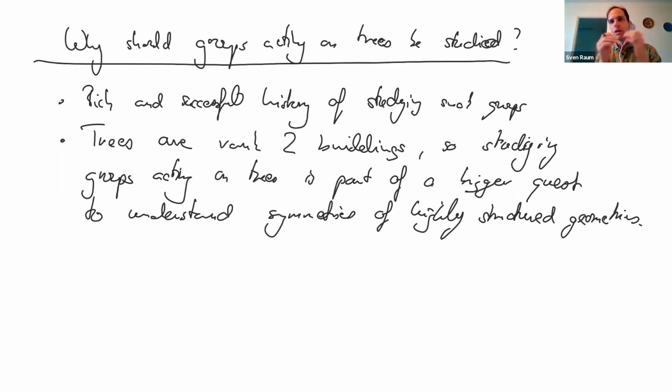For example, I worked over the last year, maybe a bit more, on right-angled buildings, which have higher rank if they're not trees. And you find interesting automorphism groups there and interesting groups acting on such buildings, also from the point of view of operator algebras, as I will explain a little bit later.